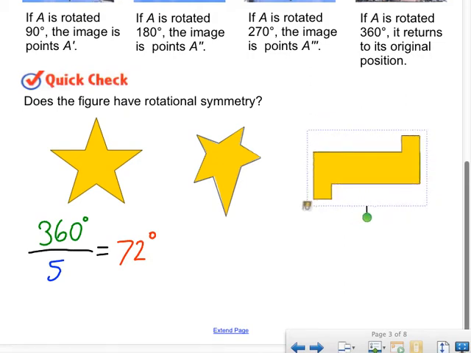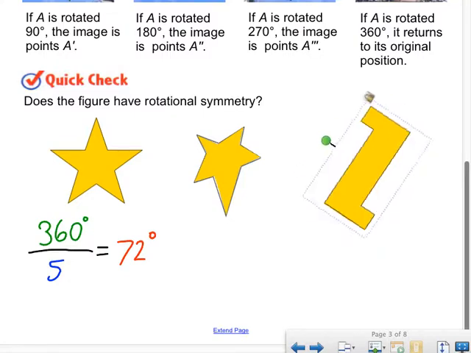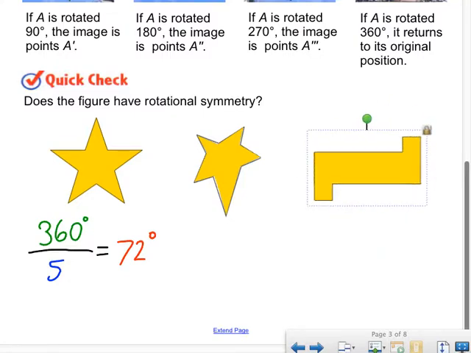Does that look like the original? How many degrees did I rotate it? So that's one position, and then a full rotation looks like the original, so how many positions look like the original? 2. So what would be the angle of rotation? 360 degrees divided by the number of positions that look like the original, which is 2, and that gives us back what? 180 degrees.